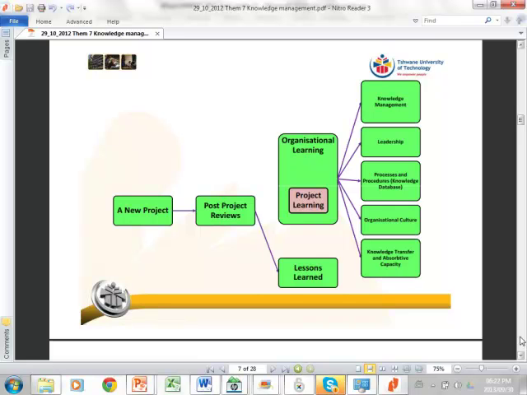Do you understand? And so in an organization, you can have the most brilliant knowledge management system, but if your people are not prepared to absorb the knowledge, or are not competent to absorb the knowledge, it's not going to work.